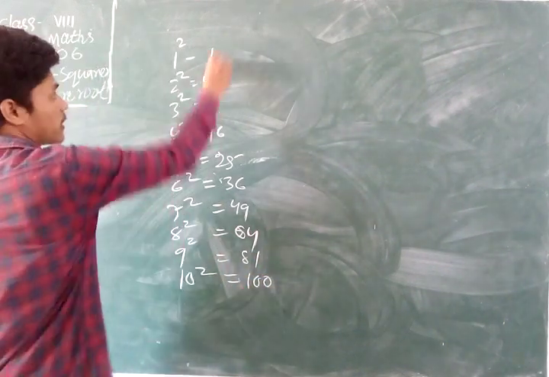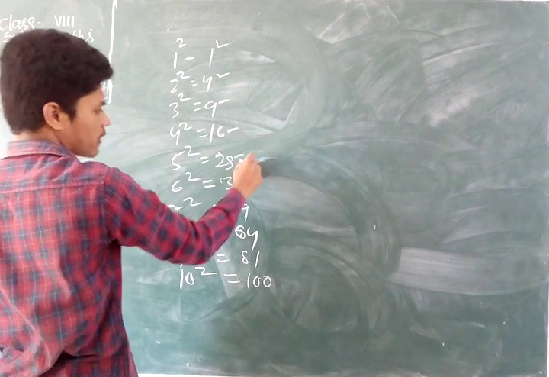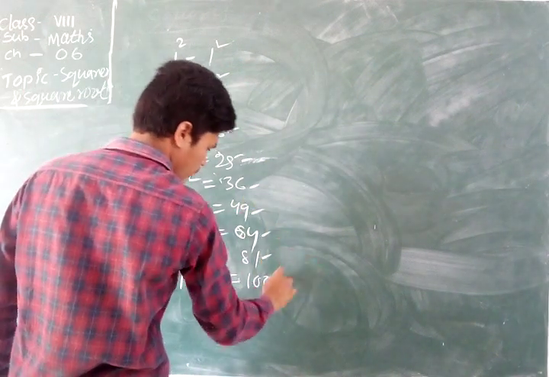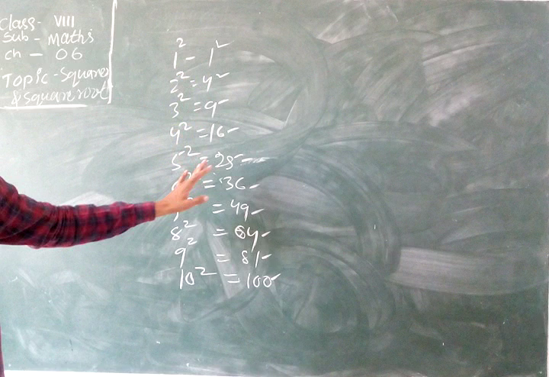See here, the unit digits are 1, 4, 9, 6, 5, 6, 9, 4, 1, 0. Observe the unit digits in the table.